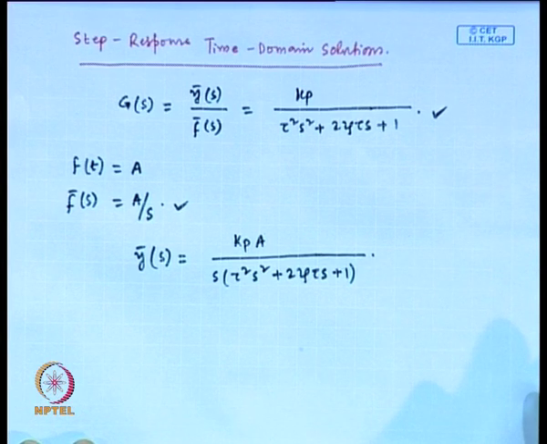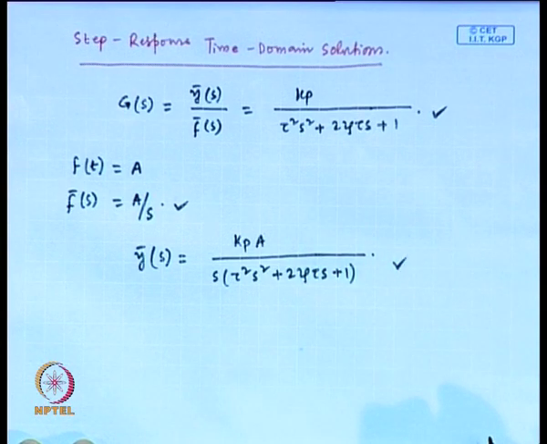Now, we will take the inverse of Laplace transform of this expression to obtain output in time domain, I mean y t. We already considered 3 different cases depending on the value of zeta. One is overdamped, second one is critically damped, and third one is underdamped. So, we will get 3 different expressions of y t for these 3 different cases.